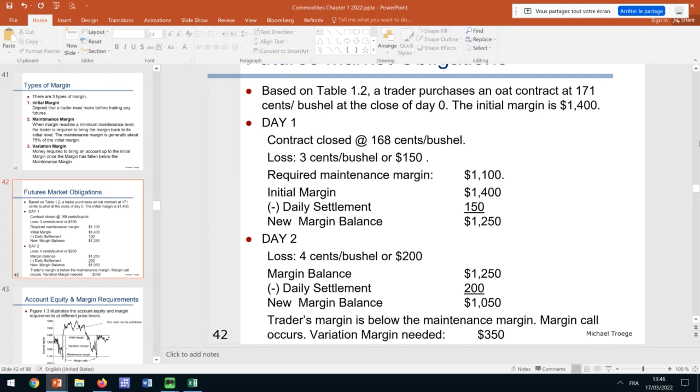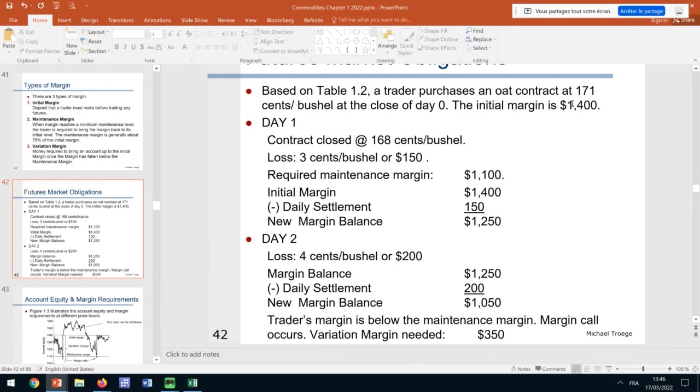So it's 5,000 bushels, and it's in cents per bushel. It's just much cheaper than wheat, as you can see. Now that means that one tick, a 1 cent price change, is a $50 value change of the contract.